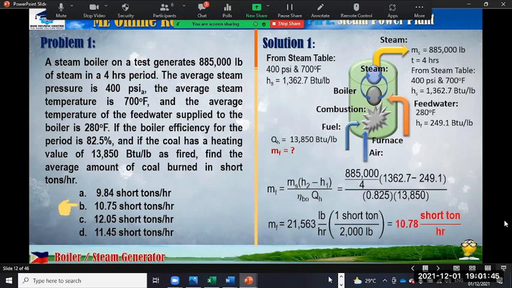And there you go. Let's check if indeed the computation is correct.